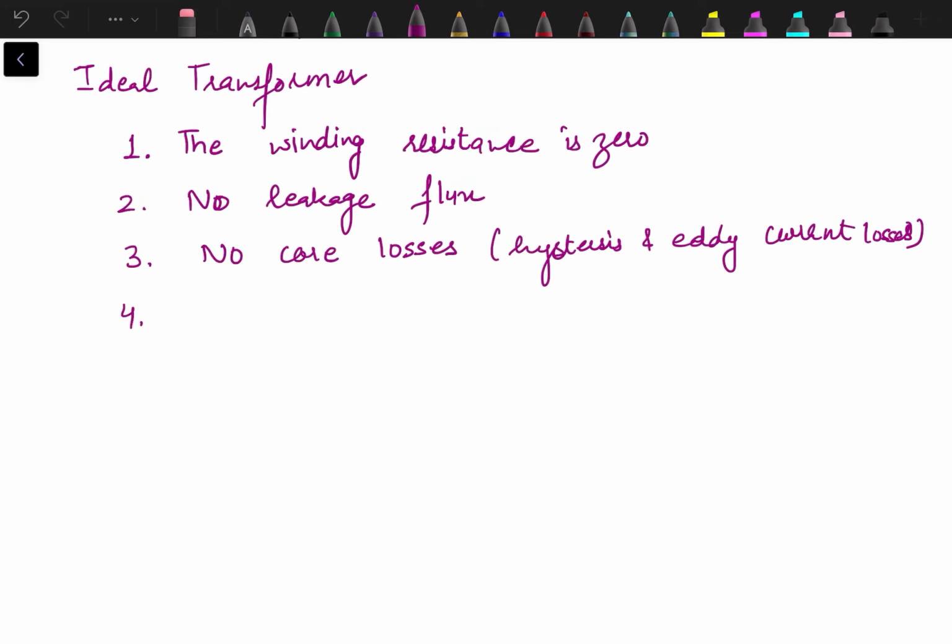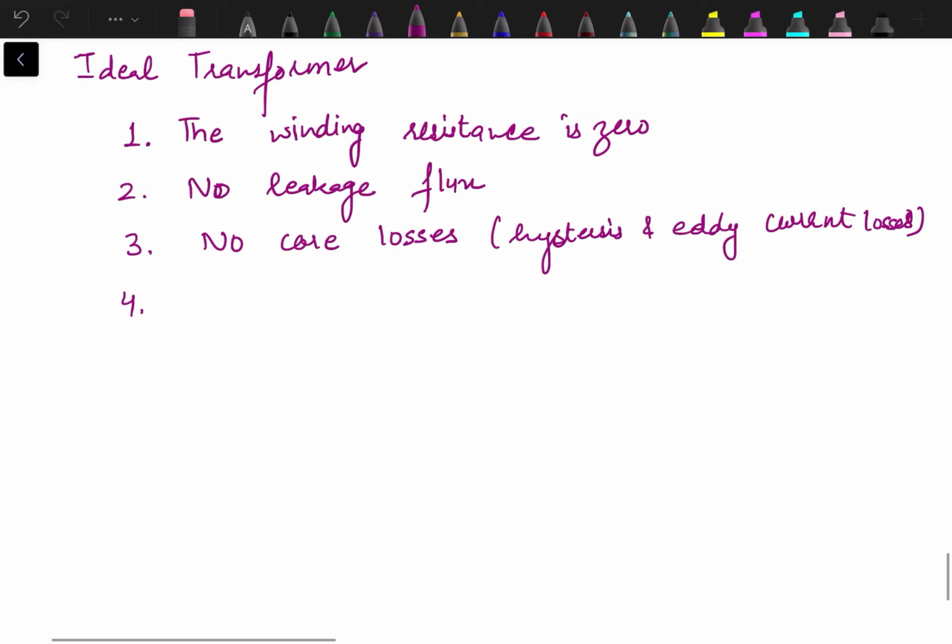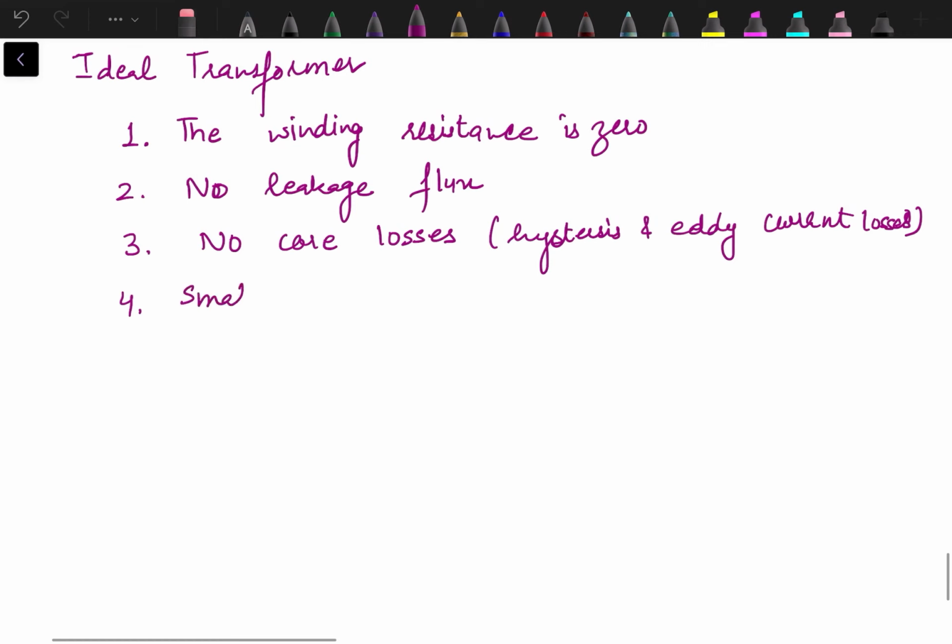And the last assumption is that the magnetizing current is negligible or small.